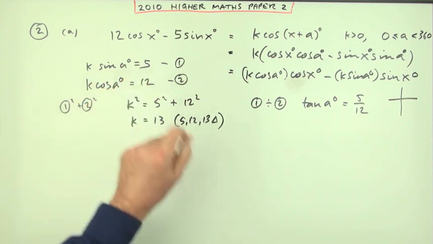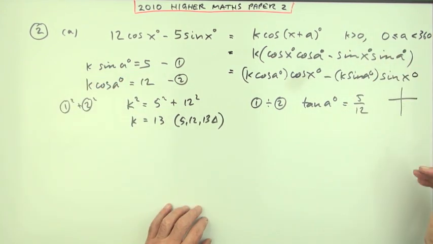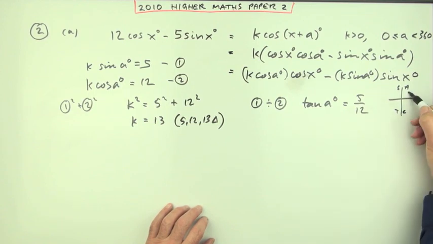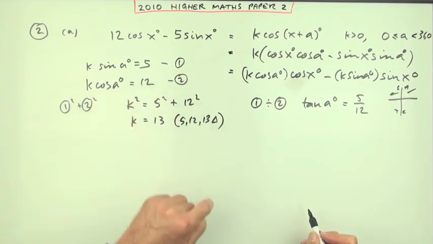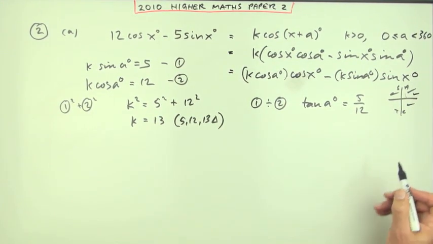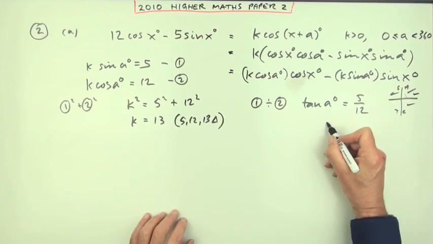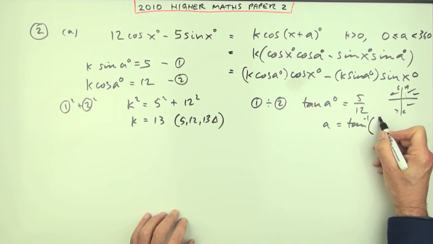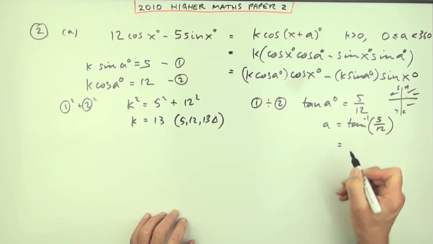The sine was positive, because k was positive, and the cosine is also positive, because k is positive, which means you are in the first quadrant. You're looking for the angle between 0 and 90, so a will simply be the inverse tan of 5 upon 12.